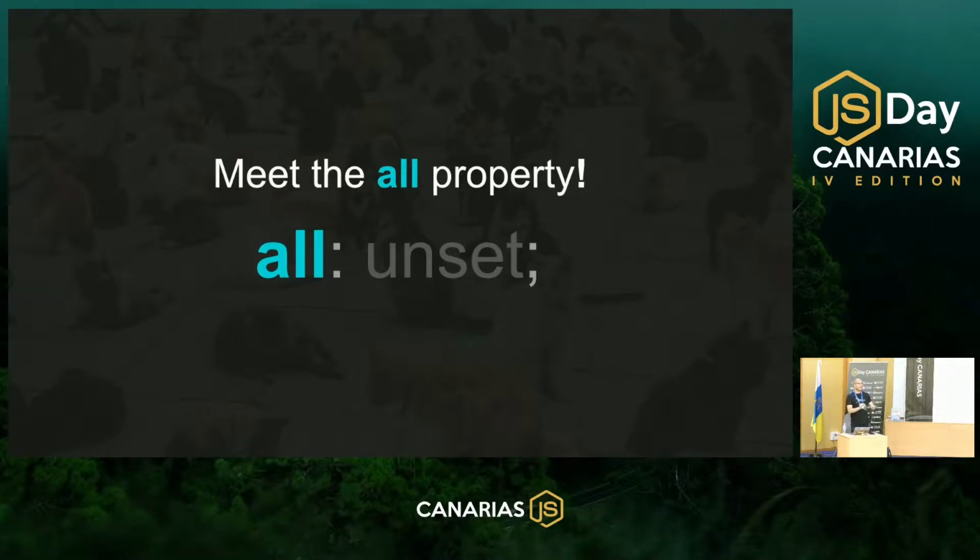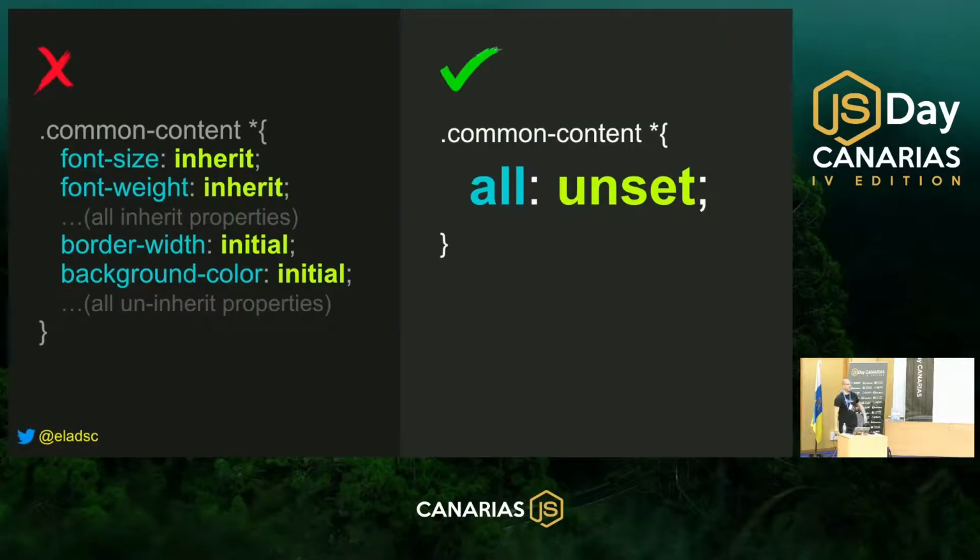In this way, I can reset all the properties combined, and I can now use the unset value. All the typography properties will be reset to inherited, and all the other properties will be reset to initial. In this way, I don't need to go one by one and reset all of them. I can now just reset all of them with the property of all and the unset value.